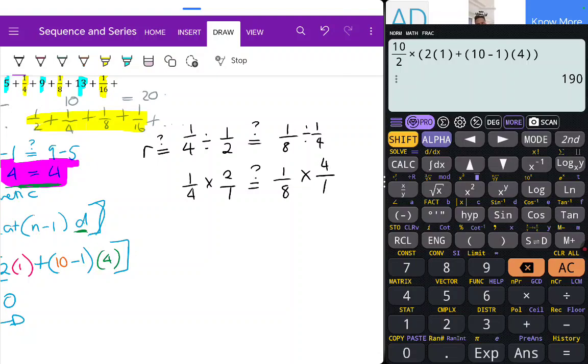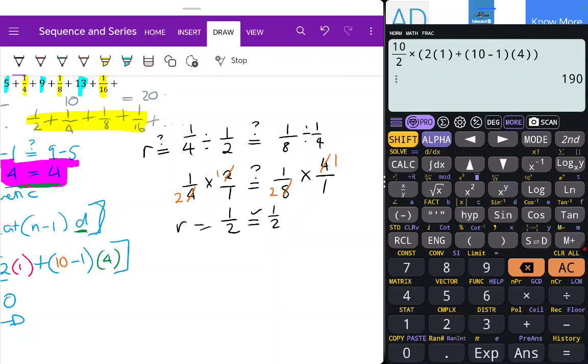So what do we do? You can do it the long way and say, okay, 2 goes into that twice and once, and 4 goes in here once, 4 goes in here twice. So I get 1 over 2 times 1 and 1 over 2 times 1, or I get an answer of a half equals a half. So yes, R equals a half.